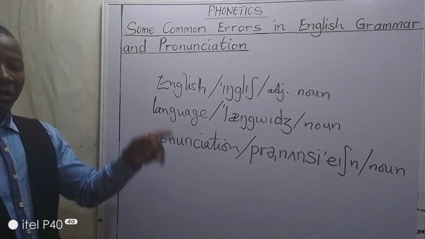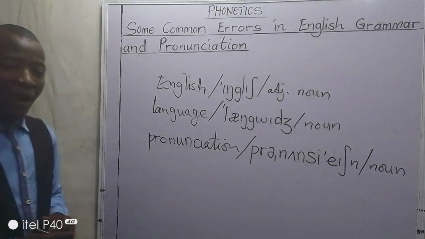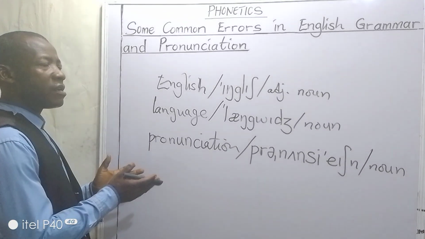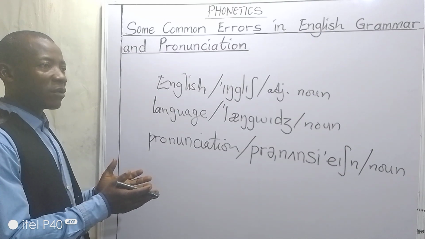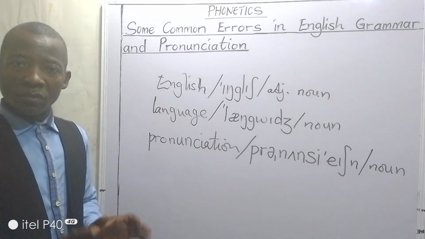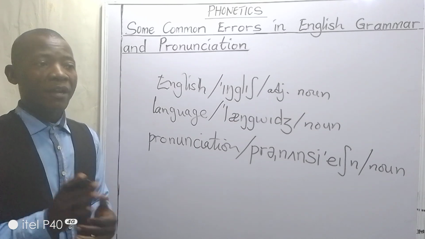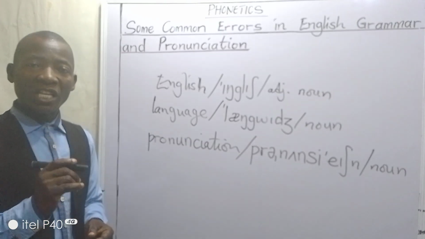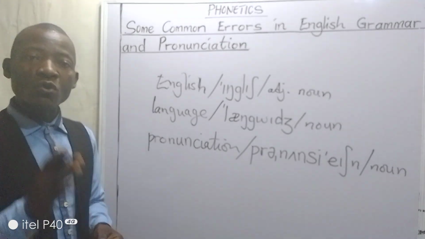Now, we talk about grammar. For example, you said, where are you going to? That's wrong English. The correct English is, where are you going?